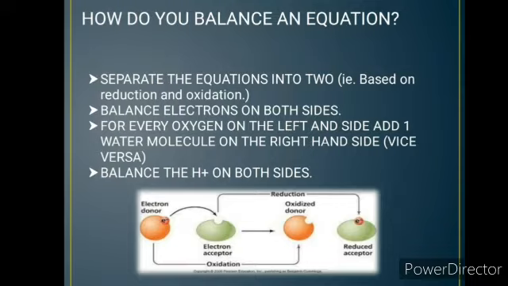Okay, if you find 2 oxygens, you're going to add 2 H2O on the right hand side, respectively for the other numbers. Next, you're going to balance the H+ ions on both sides. Similar to the oxygen, you're going to balance the H+ ions on the left hand side as well as on the right hand side.